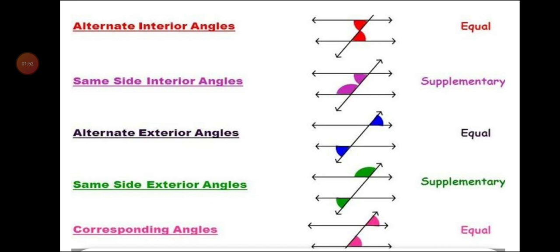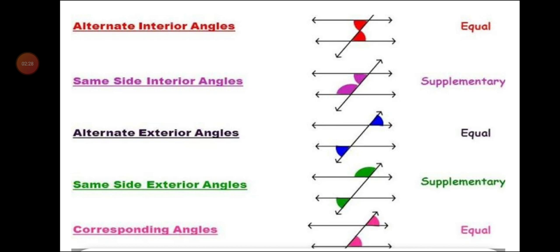Then, dear students, here are some angles which are related to parallel lines, that means the lines between which the distance is constant at every point. In this picture you can see the types of angles formed by two parallel lines and an intersecting line known as a transversal. First, the red angle is represented, and this pair is known as alternate interior angles, and both will be equal.